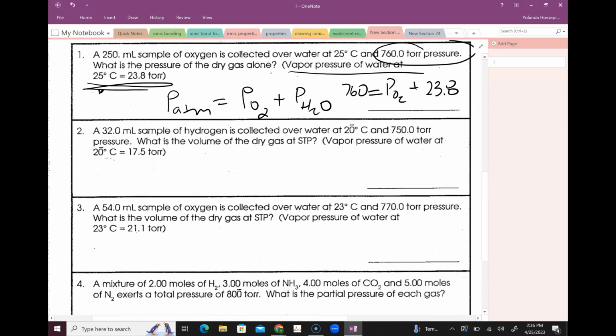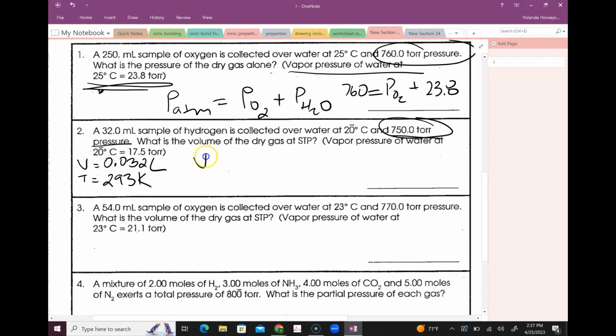Now, if we do something like number 2, where we're going to use PV equals nRT plus the gas collected over water, let's look at it. It says a 32 mL sample of hydrogen. So volume is 0.03 liters. It's collected at 20 degrees, so temperature is 293 K, and 750 torr, right? So this 750 torr of pressure is not the gas pressure, it's the total pressure.